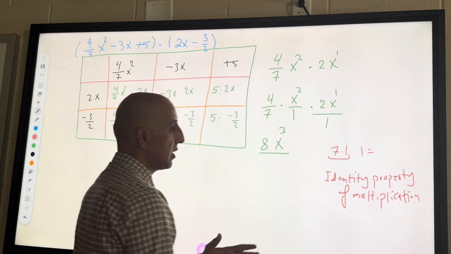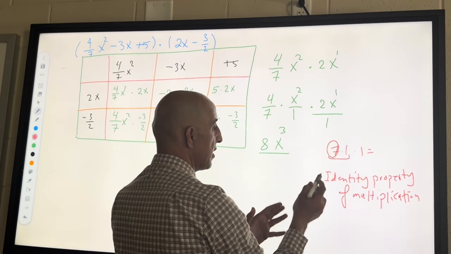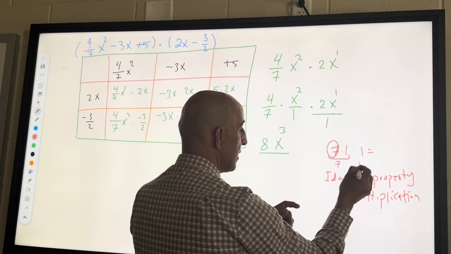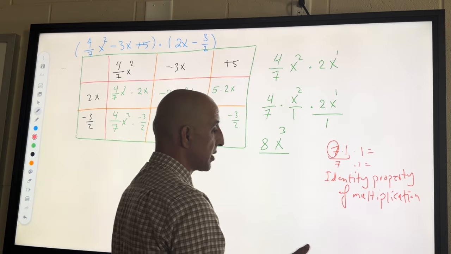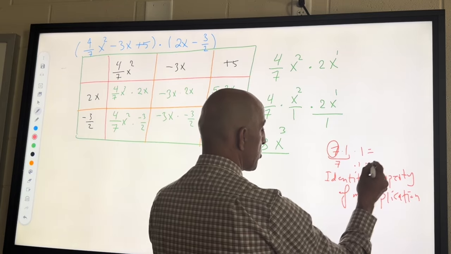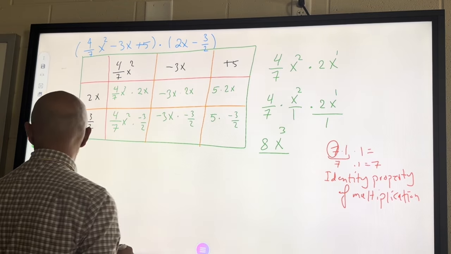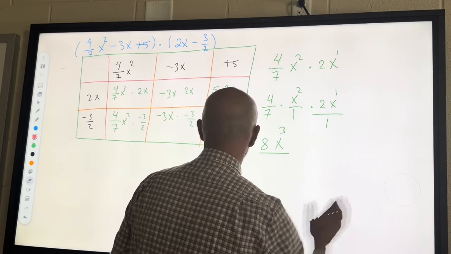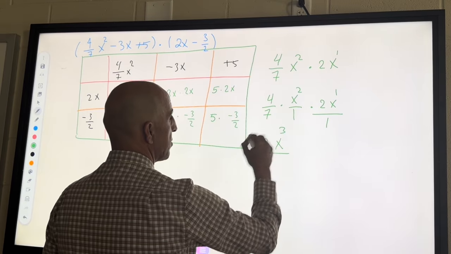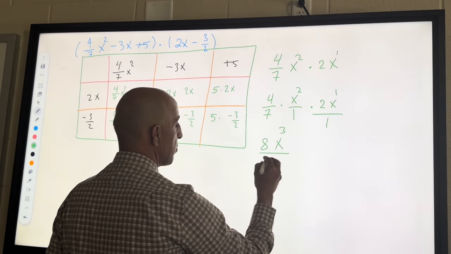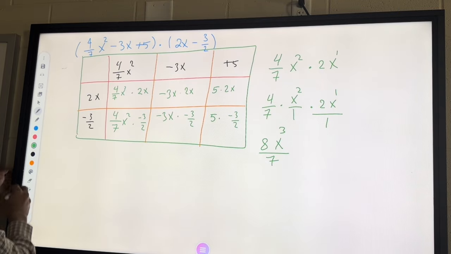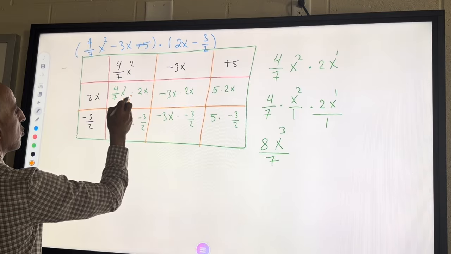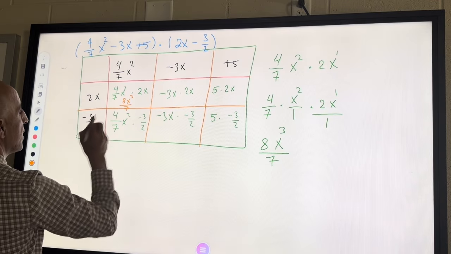For this property, if you have any number, for example 7, and you multiply it by 1, the answer will be what? 7. If you do it again, you use the identity property of multiplication again, so 7 times 1 equal to what? 7. So in this case, the answer will be like 7. So 7 multiplied by 1 is 7, multiplied again by 1, which is 7. In this case, the answer for this question is 8x to the power 3 over 7.